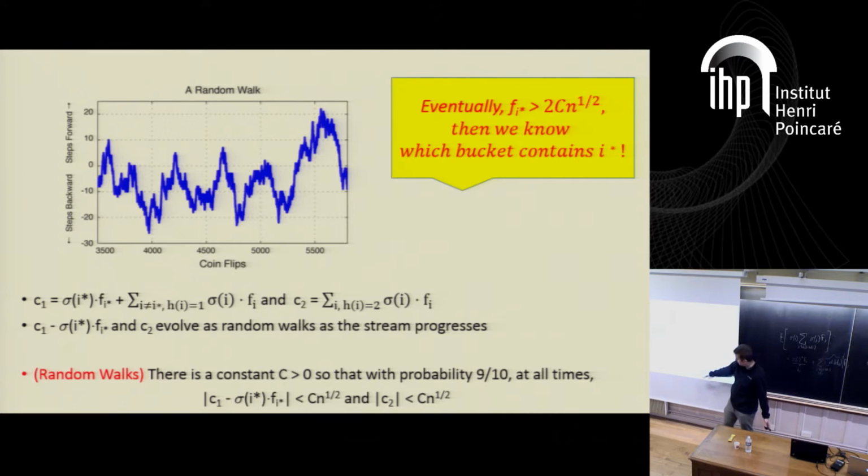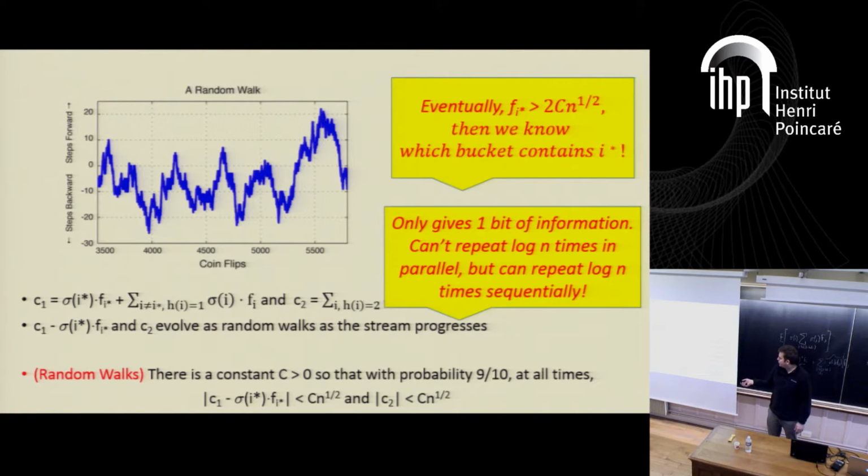It's 2c root n, and these things are bounded by c root n. At some point, one of the counters in magnitude is larger than c root n. But then we know that bucket contains i star. So we've learned one bit of information, in a sense, because we've hashed the items randomly into 2 buckets. And now we know that i star is in this bucket, which says the hash of i star is 1. That gives us intuitively one bit of information about i star.